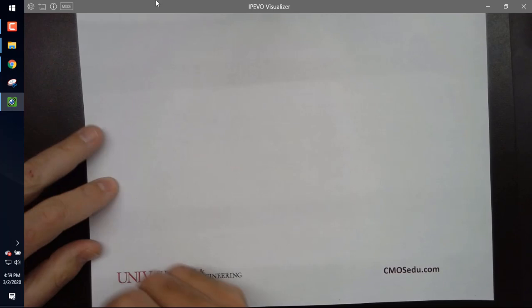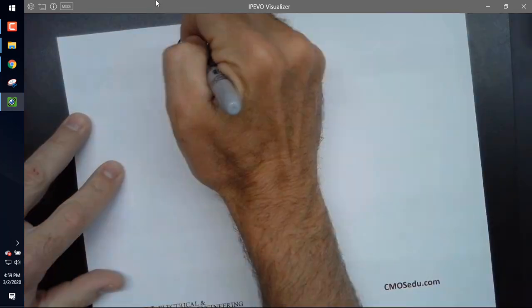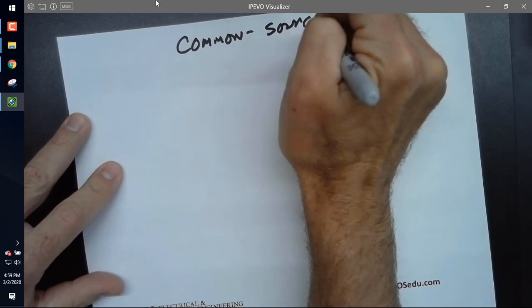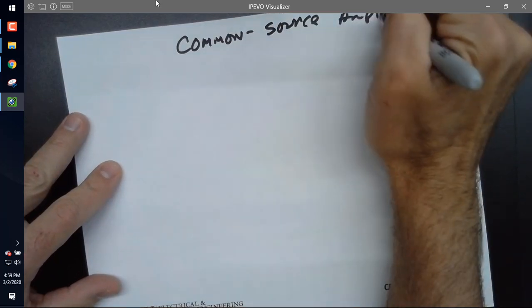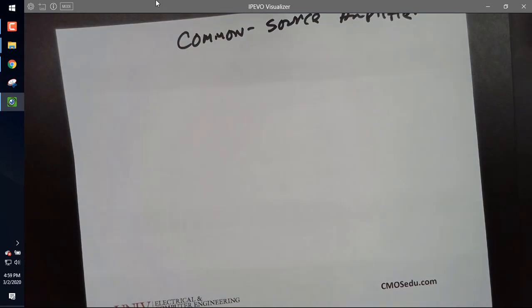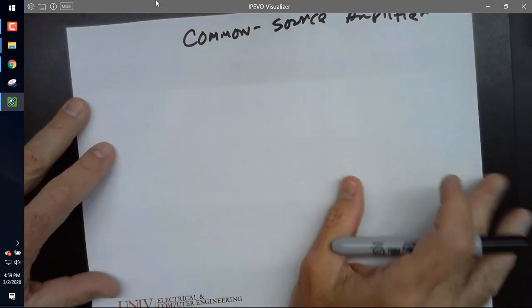All right, so let's make sure we understand that. Common source amplifier. And actually, I'm going to make one that is real, that we can build.